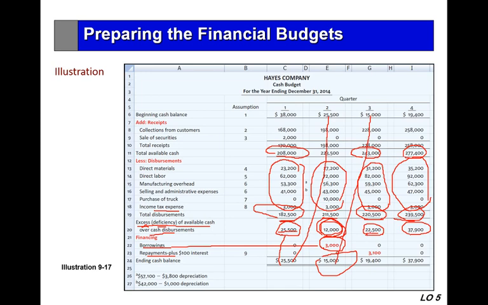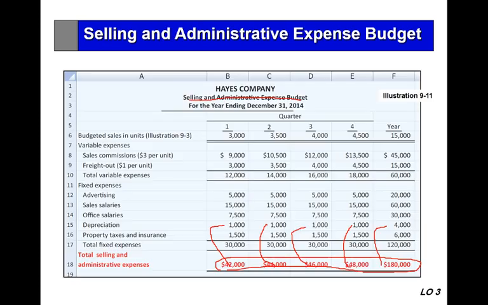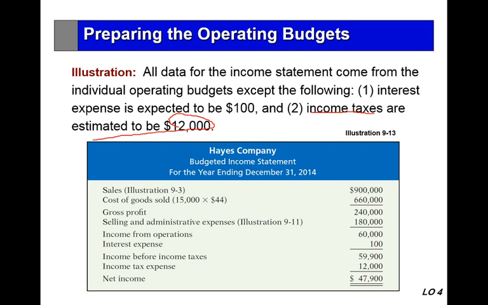Here we have excess more than 15,000, and we have enough balance to pay the loan and the interest. We have a loan of 3,000 and an interest of 100. Then we have 3,100 loan and interest. From where does this 100 come from? Income statement.